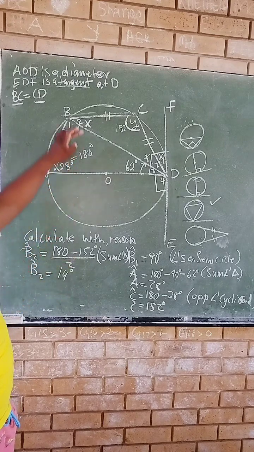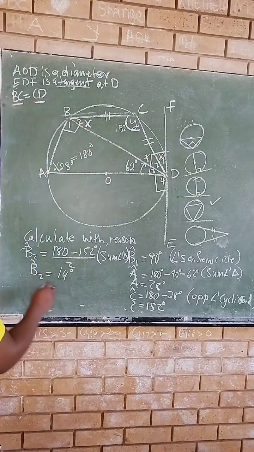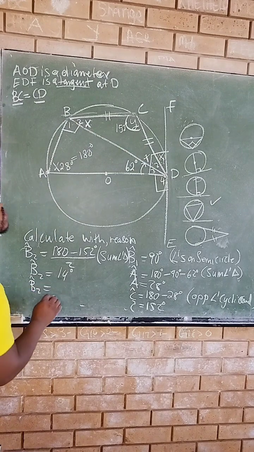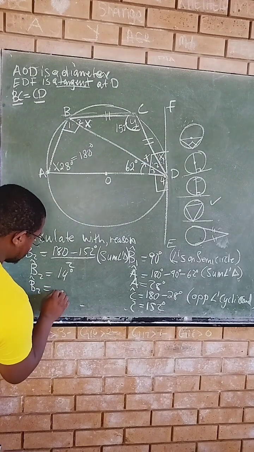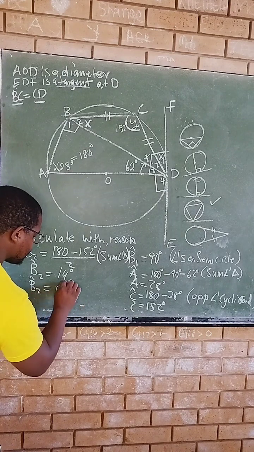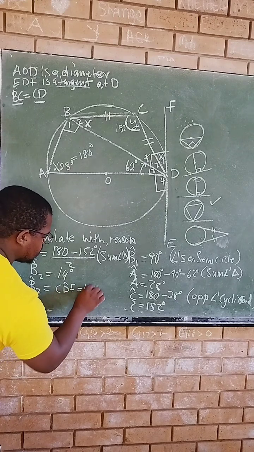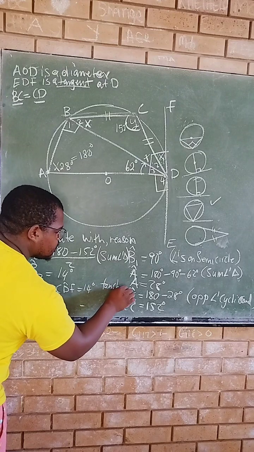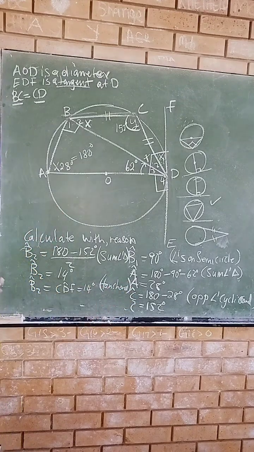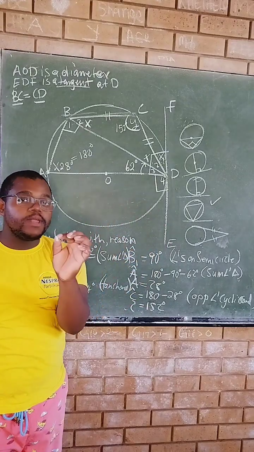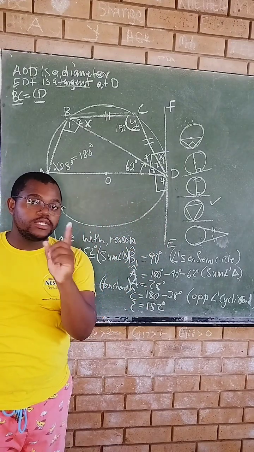Hence, I would say angle B2 is equal to angle CDF, which is equal to 14 degrees. Why? It's because of the tan chord theorem. Okay, so this is how we solve such a problem for Euclidean geometry. Thank you.